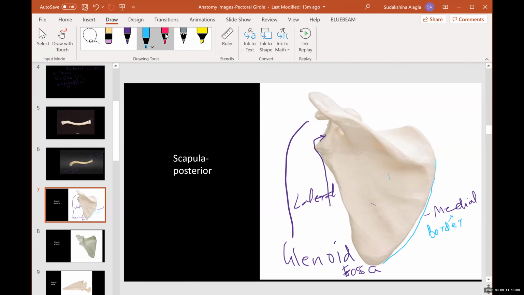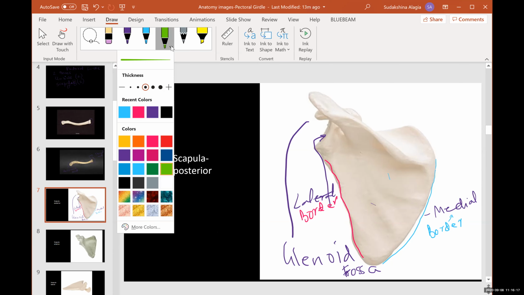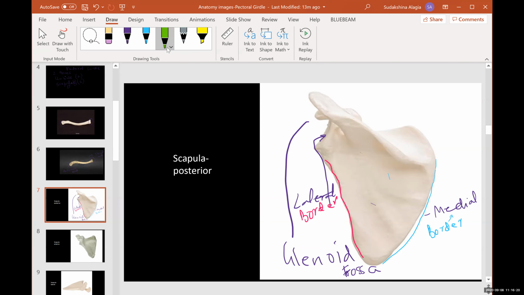And guess what we call this border, this edge? Lateral border. And then guess what we call these angles? I see that there's an angle.